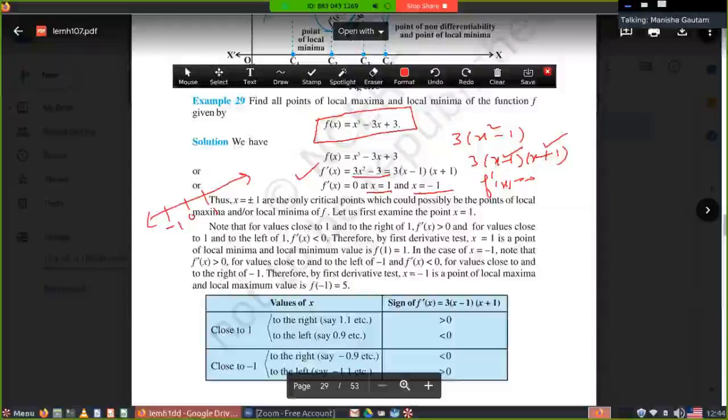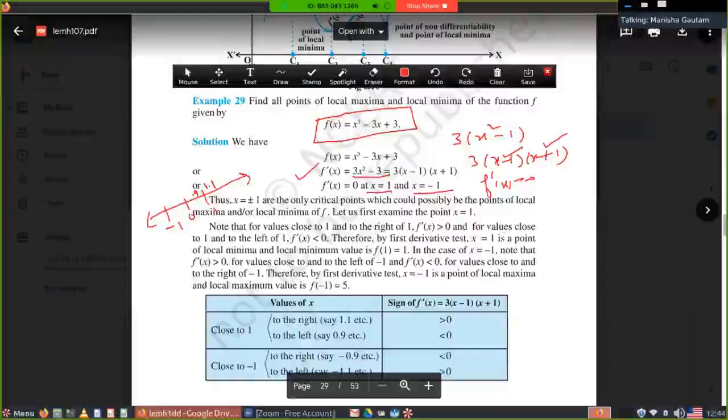Very near to 1, if you move to the left, suppose here is 0.9. 0.9 is to the left of 1 and 1.1 is to the right of 1.